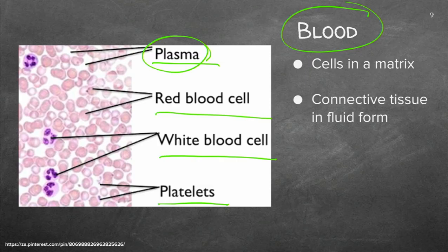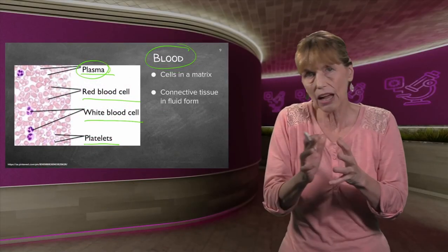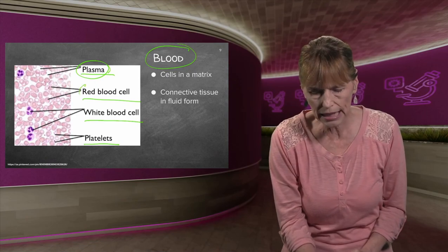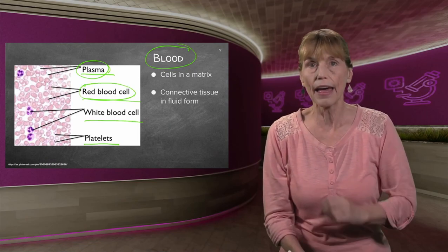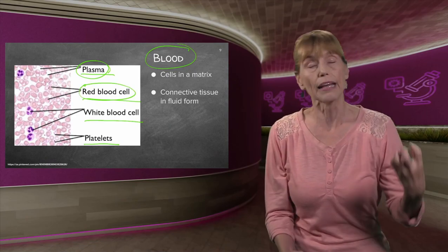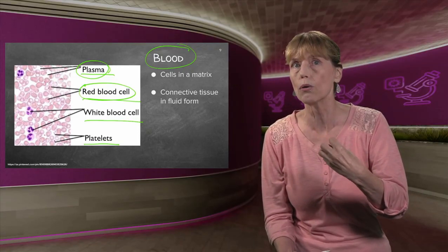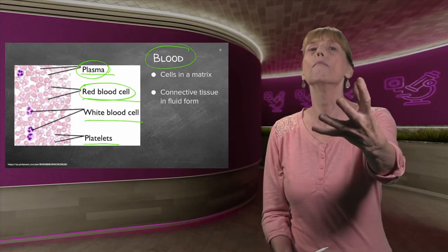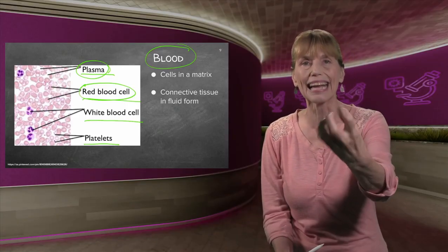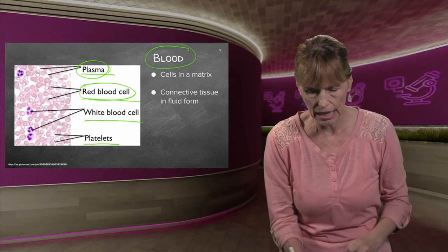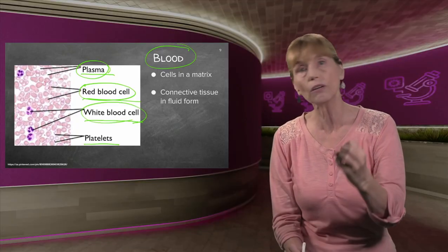Plasma is the liquid that these cells move in. Red blood cells, as I've mentioned before, carry your oxygen and your carbon dioxide, but they don't have a nucleus. They are made in your bone marrow, but they carry most of the important gases, oxygen and carbon dioxide. White blood cells do have a nucleus.